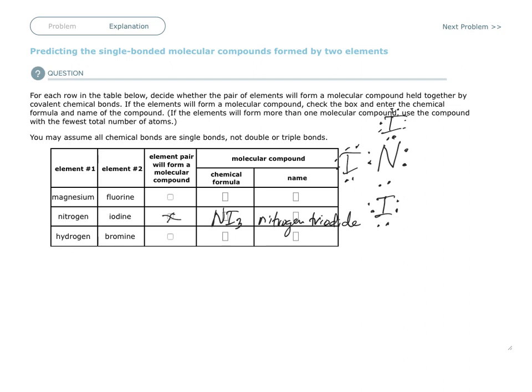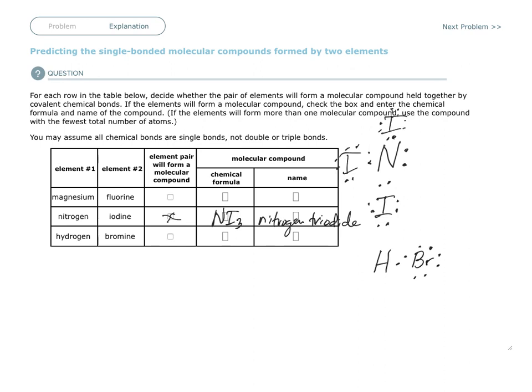Let's do hydrogen and bromine. Well, hydrogen only has 1 electron. It needs 2. So there'll only be one bond since there's hydrogen on that side. Let's see what bromine's going to do. Bromine is in group 7, so there's 7 of them: 1, 2, 3, 4, 5, 6, 7.